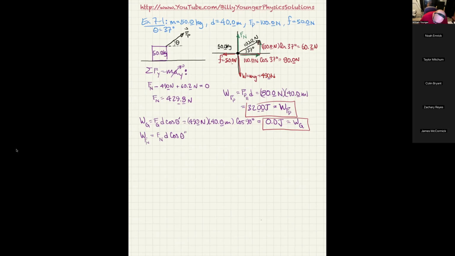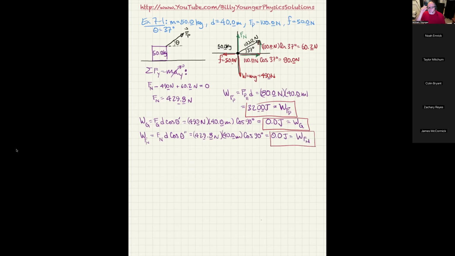So again, we're going to get, in this case, 429.8 newtons times 40.0 meters times cosine of 90 degrees, which gives us 0.0 joules, which equals the work done by the normal force.